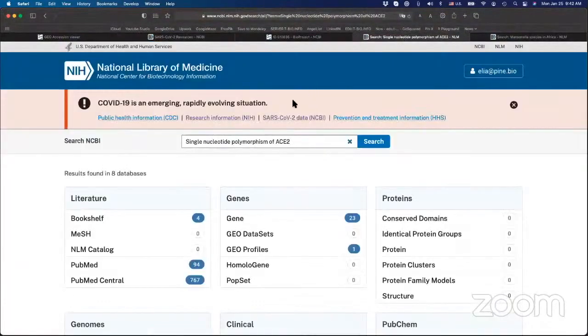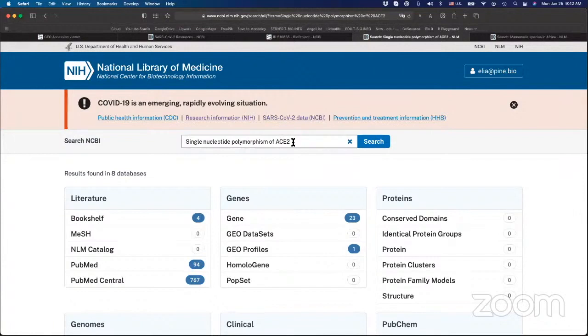All right, so another question was single nucleotide polymorphisms of ACE2. Whoever asked that, please add a little bit more detail in the chat box so we can take this further, but it's an interesting question. We all have heard that ACE2 is the primary target for the COVID-19 SARS-CoV-2 virus.